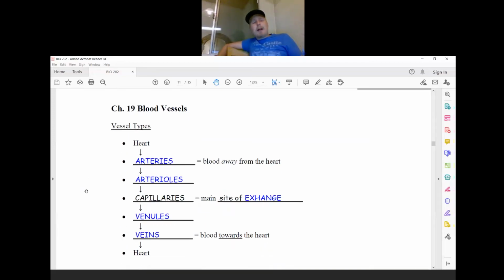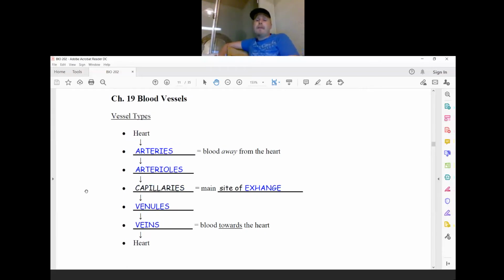So in terms of the blood vessels, we noticed that there were 5 different kinds that we need to know. Blood ran from your heart first to the arteries. These were the first vessels leaving the heart. Arteries then turned to arterioles, which were basically smaller versions of the arteries, and then we get to the capillaries.